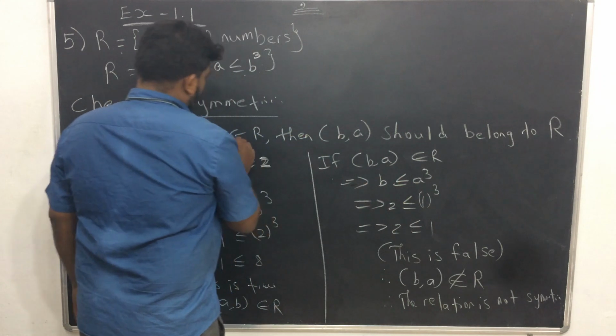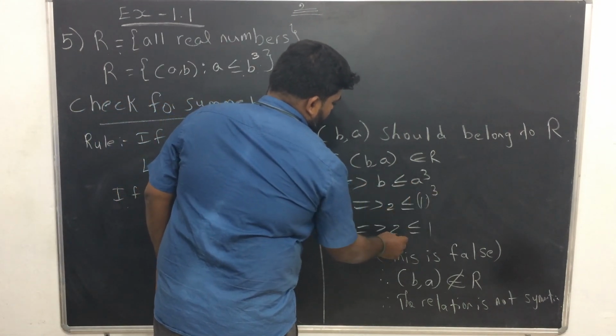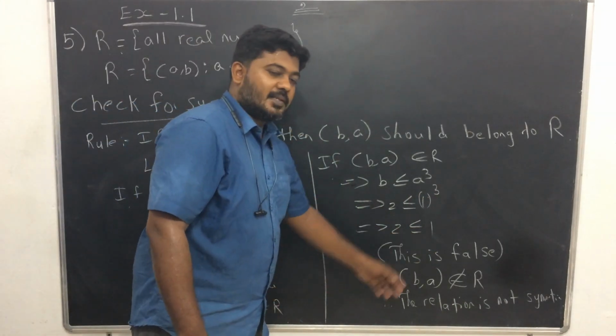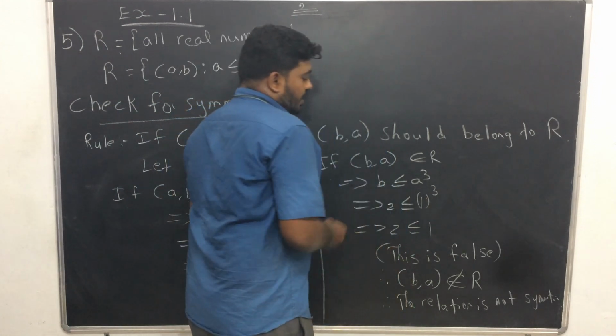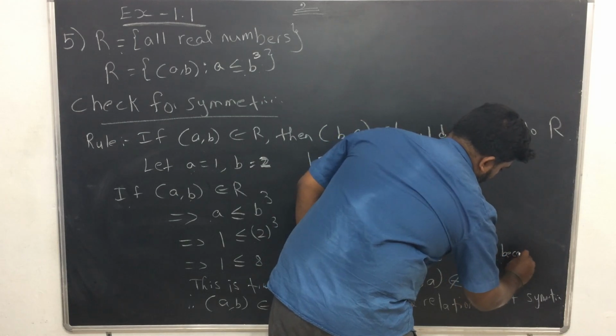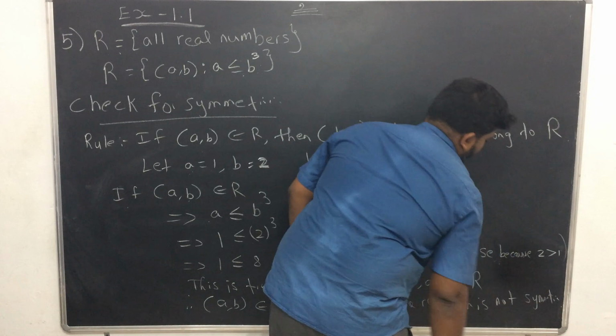Here b is 2 and a is 1, so 2 is less than or equal to 1 cube, that is 1. This is a false statement, because 2 is greater than 1.